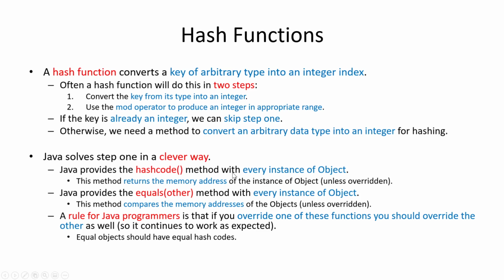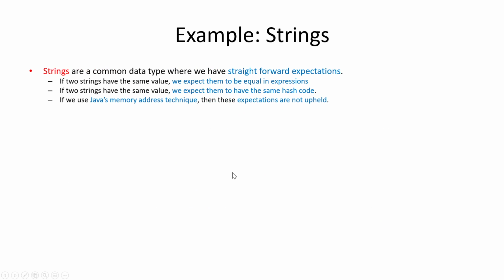Let's take a look at one example of that, the string data type. In Java, if we use the memory address technique, we're not going to have the expected performance for our strings. So here I have two expectations. If our two strings have the same value, we expect them to be equal in our expression.